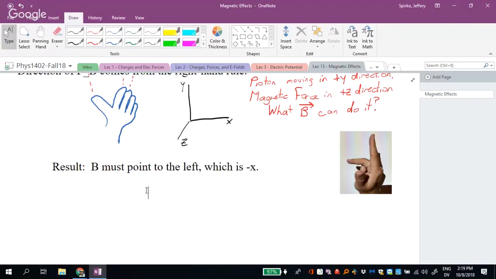All right, so that's the basic idea of magnetic forces. The quirks happen if there is a velocity that is not perpendicular to the magnetic field.